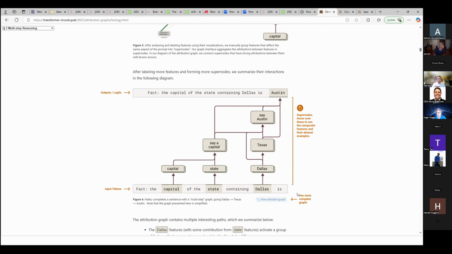Another way in which the token could be predicted is the way that you might teach the concept of reasoning to somebody in fifth grade, where you say, well, first you should think about what state is Dallas in? And if you know that state is Texas, then in a second step, you can ask yourself, what is the capital of Texas? And if you know the capital of Texas is Austin, then you would output Austin as your answer. And so that's what they would call two-step reasoning.